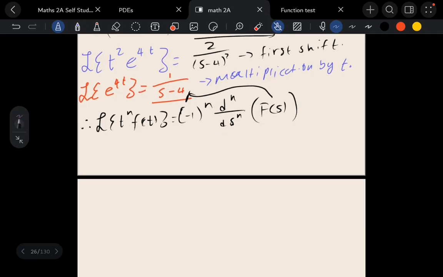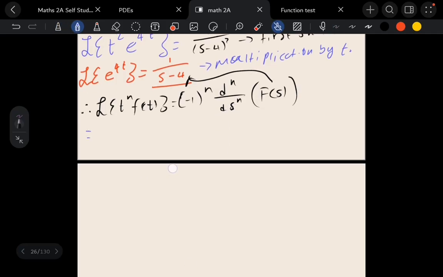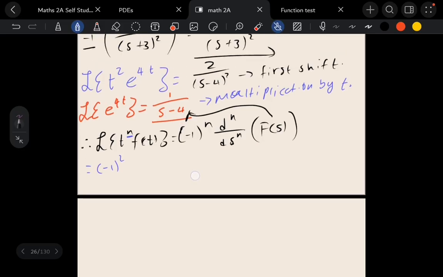So what we are going to have now is -1 all squared. Remember that the exponent n is 2 now, so it's going to be -1 all squared, times d squared over ds squared of 1 over s minus 4. Now, what does it mean to have d squared over ds squared? I'm just going to give an example here.